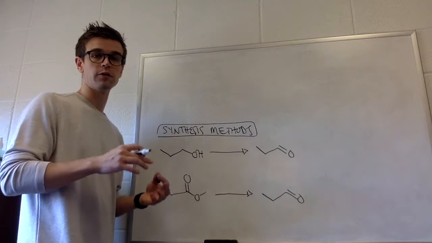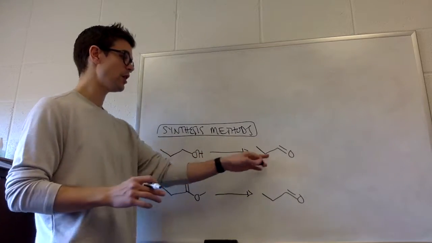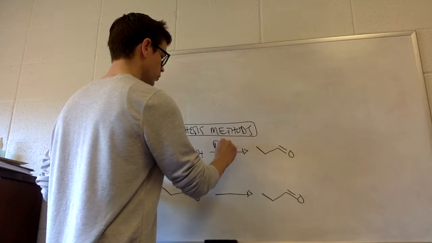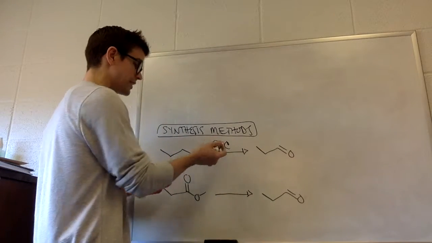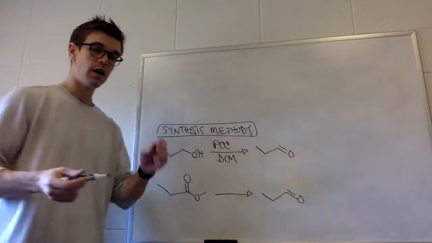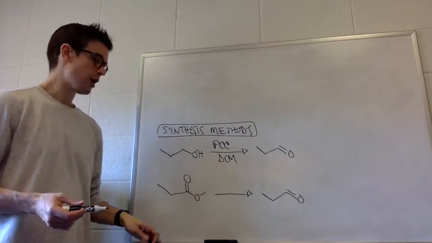If we use the chromium 6+ reagents in the presence of water, we're going to go all the way to the carboxylic acid. We want to stop at the aldehyde. So that's the pyridinium chlorochromate reagent, and we use that in organic solvents such as dichloromethane. So that's how we go from an alcohol to an aldehyde.